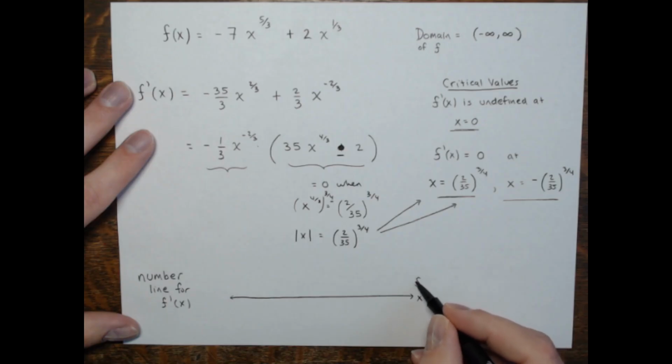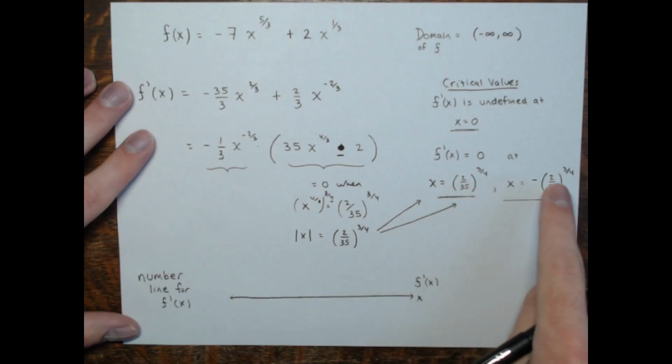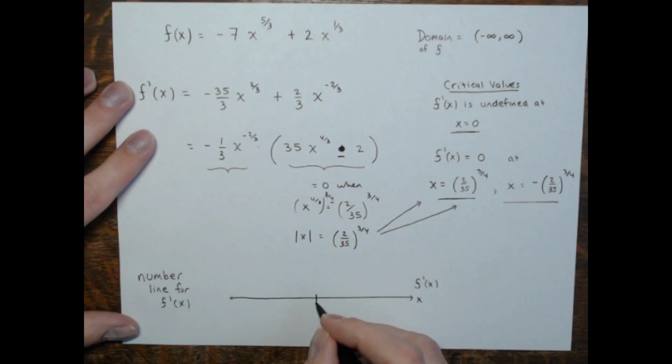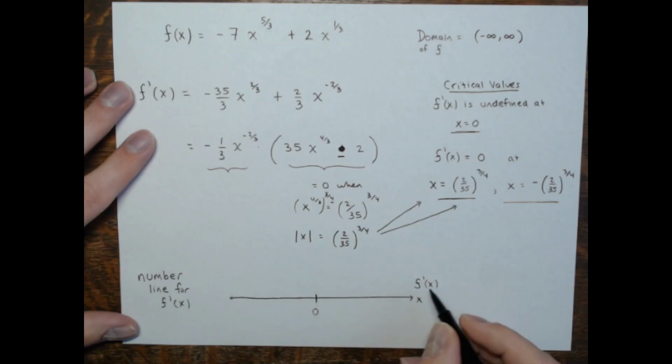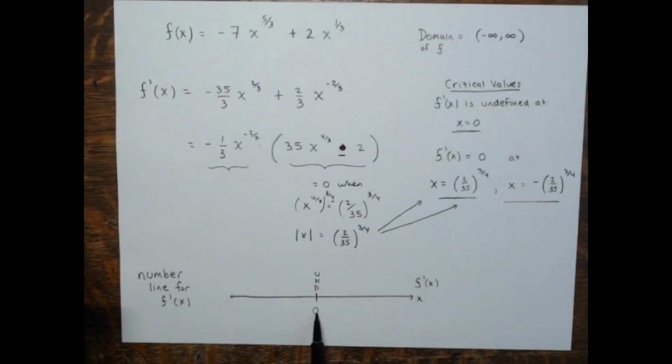And then this is a number line for f prime. So on the line, I mark off these critical values that are actually part of the domain up here. So again, at 0, the value of the derivative is undefined. So I just put a little UND above this, right, and that tells me that at x equals 0, f prime is undefined.